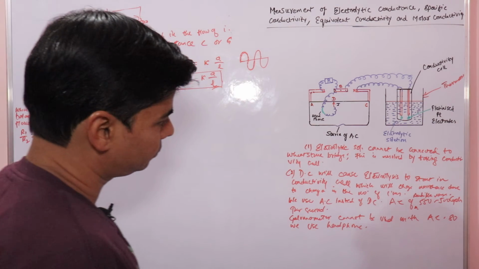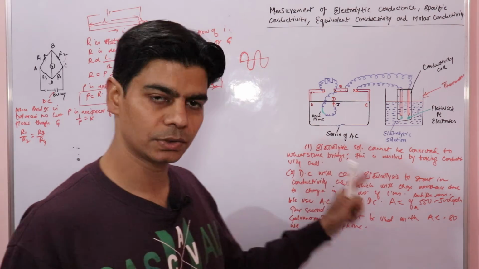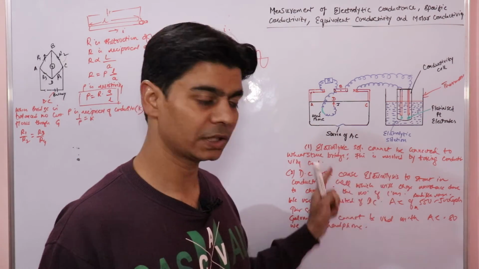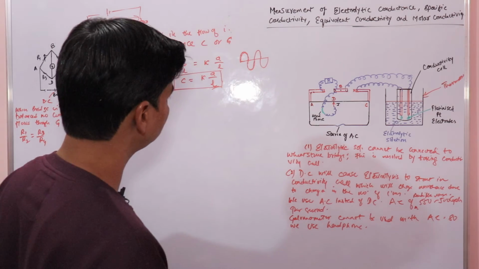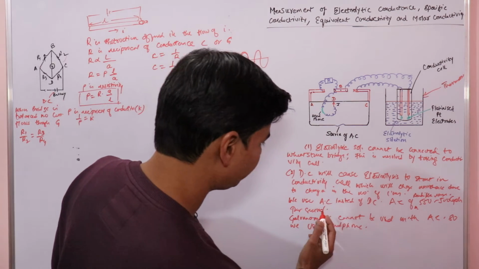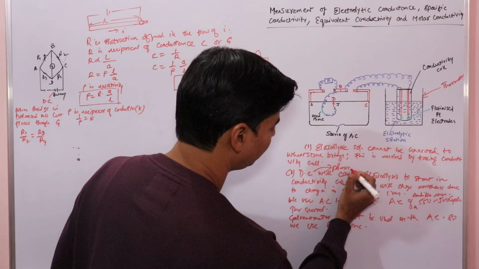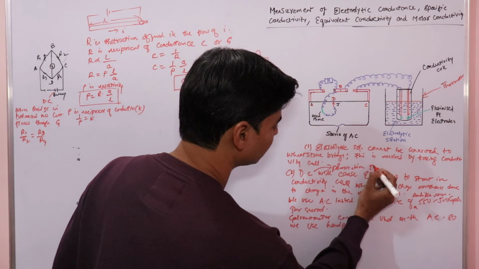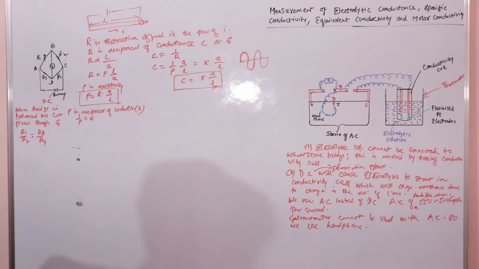And this effect that is caused by this electrolysis, these effects are known as polarization effects, right? I'll just write it over here. These are polarization effects caused by direct current electrolysis.